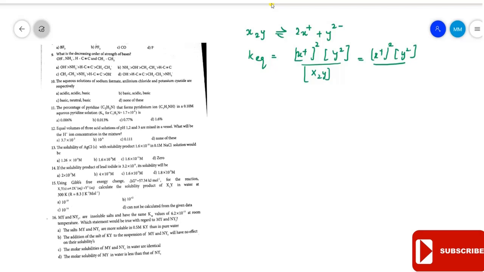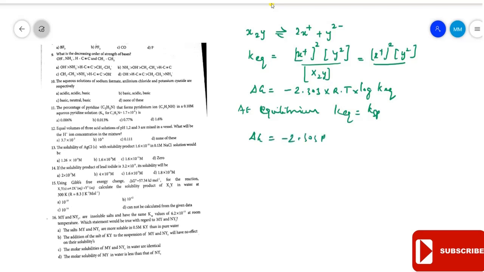The given data is del G. Del G and the equilibrium constant are related as minus 2.303 into R into T into log K equilibrium. At equilibrium condition, we can write K eq is equal to Ksp, that is the solubility product. So you can write that del G is equal to minus 2.303 RT log Ksp.